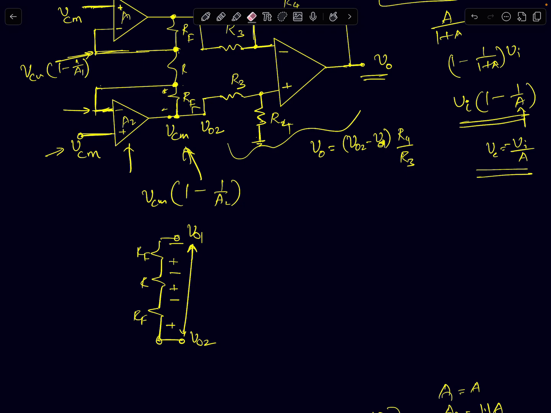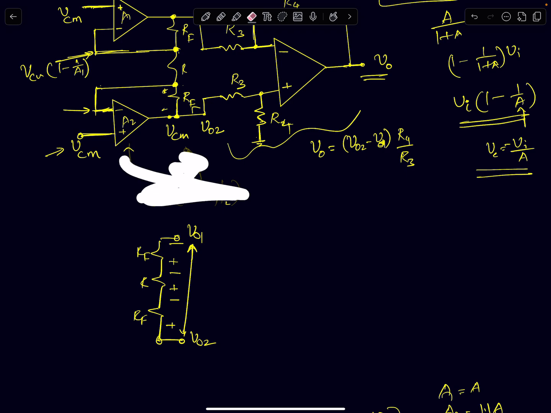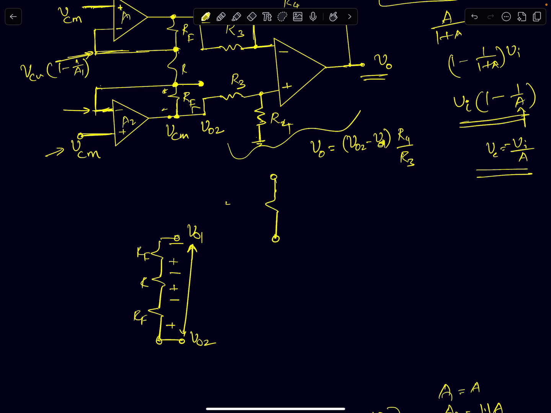Now how do I find that? All I need to do is find the voltage drop across R, because the currents are all equal, I can use that to compute the other voltages as well. Showing the resistor alone here, this node voltage will be VCM into 1 minus 1 by A2.